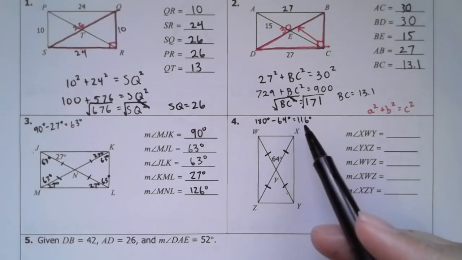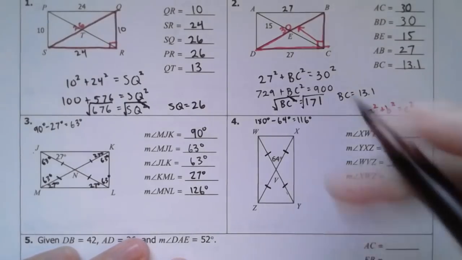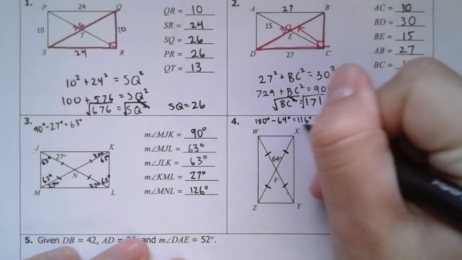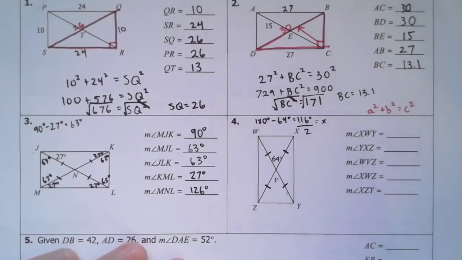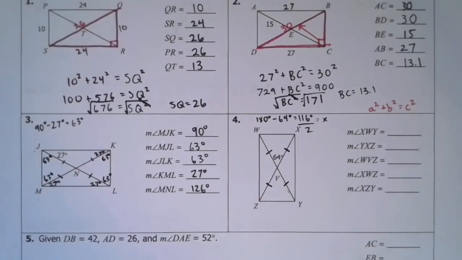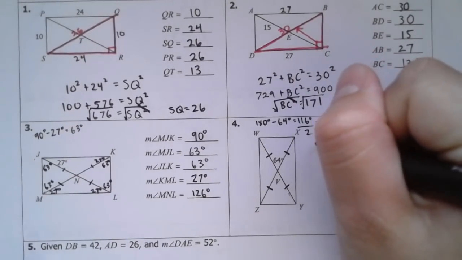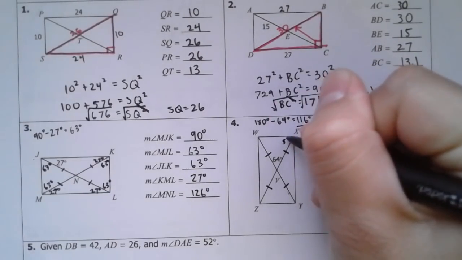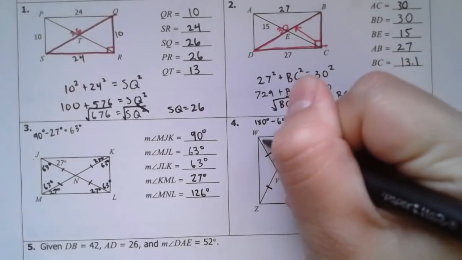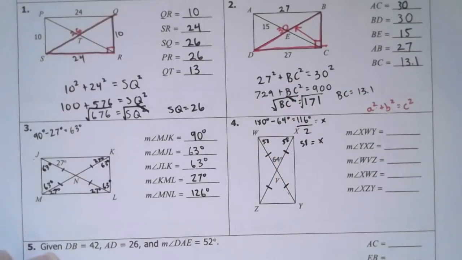So 2x is equal to 116 degrees. So divide by 2. 116 divided by 2 is equal to 58. So x is equal to 58 degrees. This one here is 58, and that one is also 58.